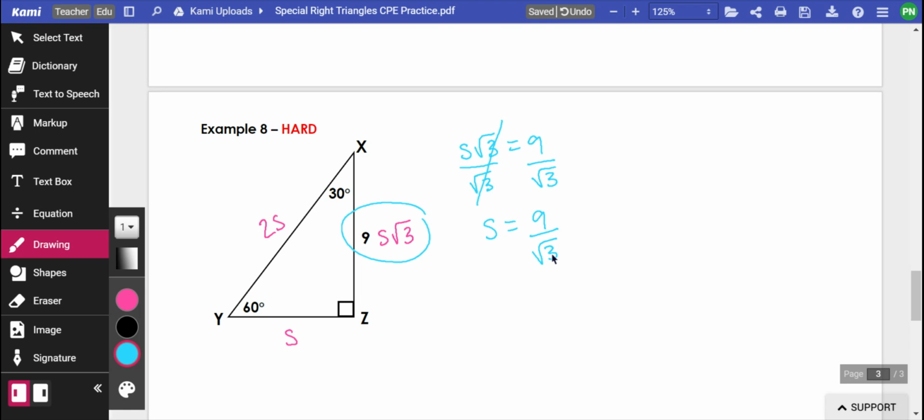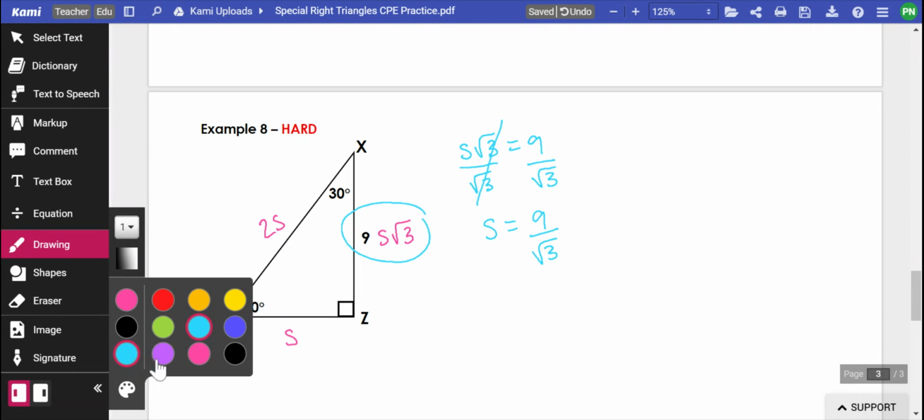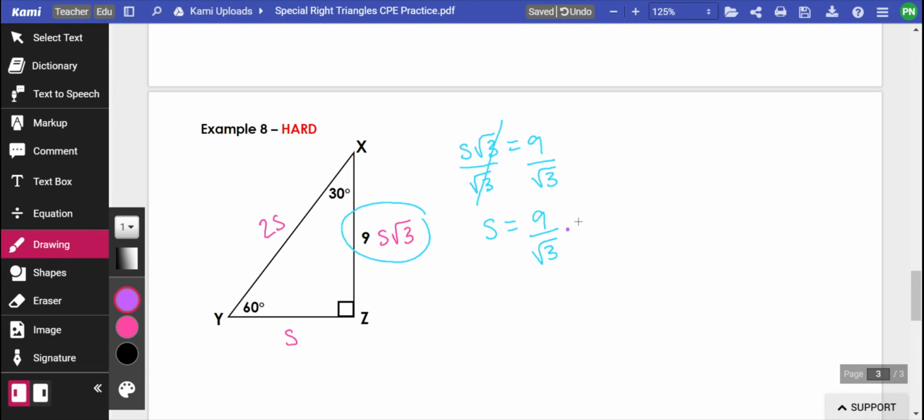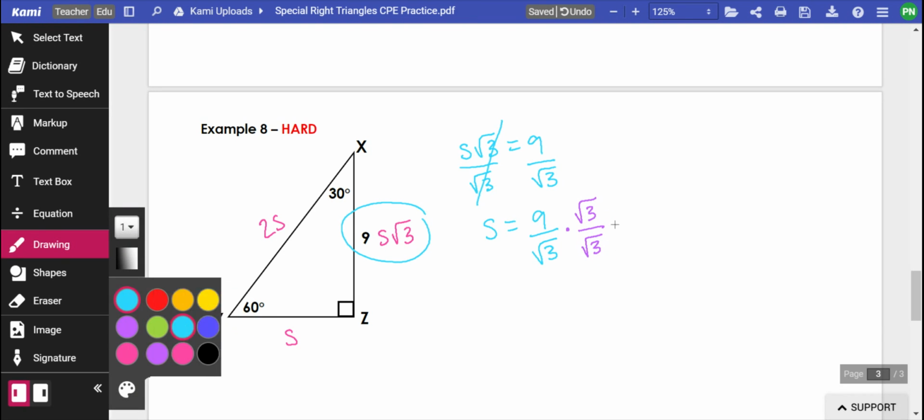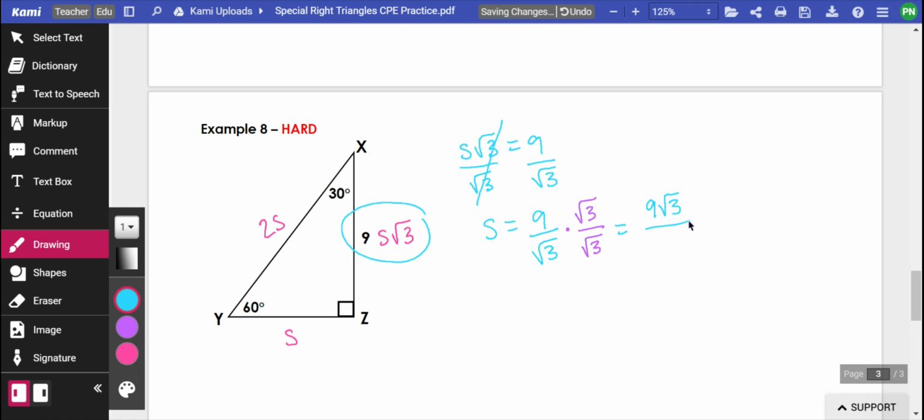All right, so we're going to, where's my purple? Multiply both top and bottom by the denominator. So this turns into 9 times the square root of 3. And then square root of 3 times square root of 3 is square root of 9, which is just 3.